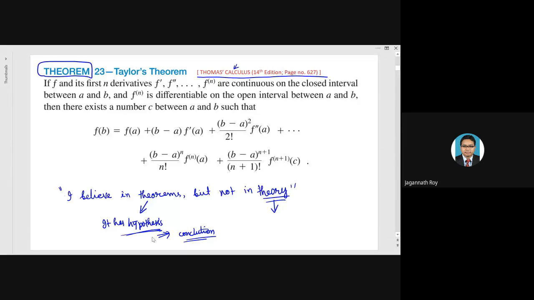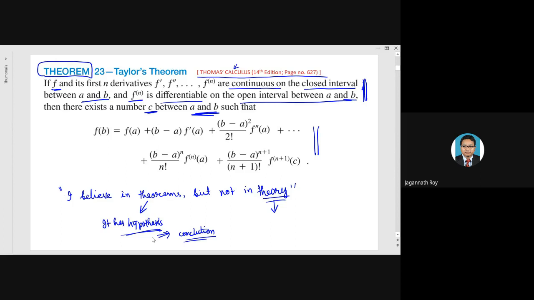For example, here the hypotheses are: f is an n times, n plus 1 times differentiable function. These are on the closed interval [a, b], and the nth derivative is differentiable on the open interval (a, b). Then the conclusion is that if these two conditions are satisfied, then there exists a point c in between a and b, and this will satisfy.